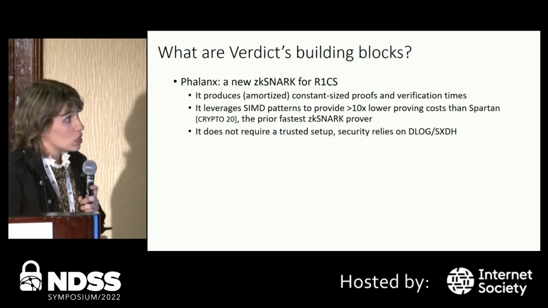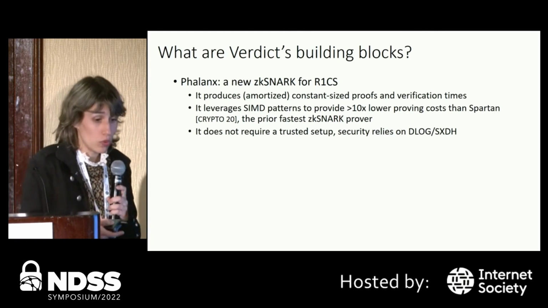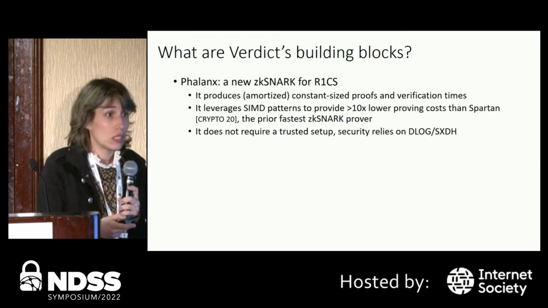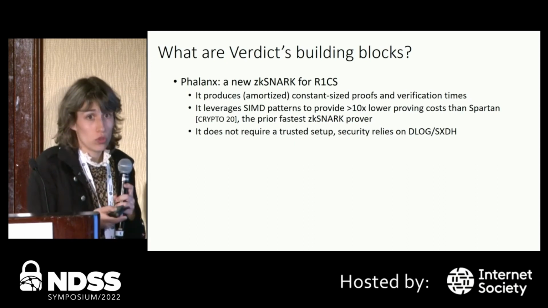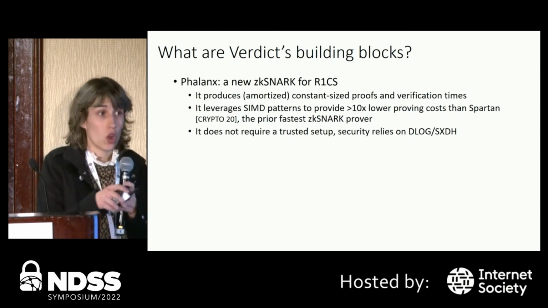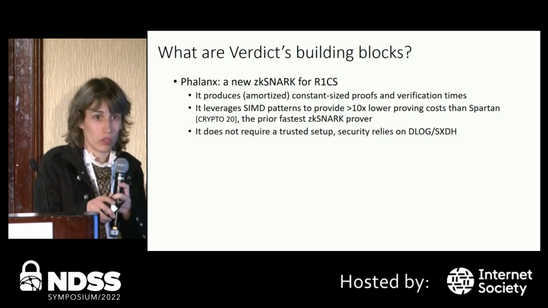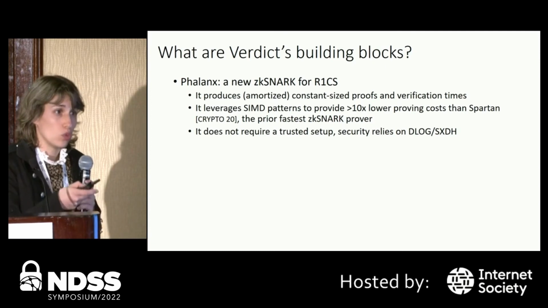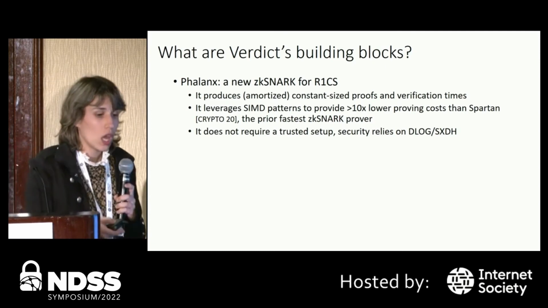Phalanx produces amortized constant-size proofs with constant verification times. In the context of Verdict, that means that each user needs to download a constant amount of data at each epoch, and the work that each user needs to do per epoch is also constant.